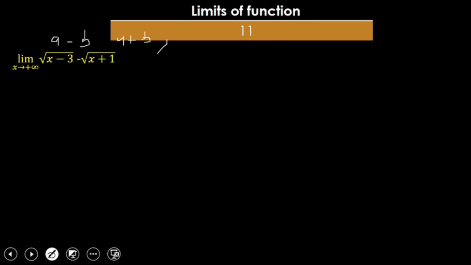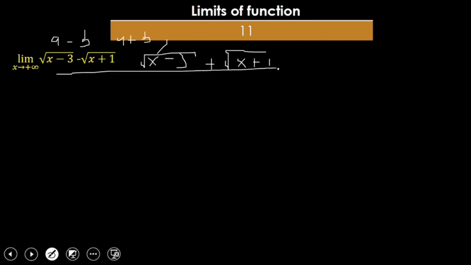You just have to multiply by the conjugate. That is the square root of x minus 3 minus the square root of x plus 1, all that all over the square root of x minus 3 plus the square root of x plus 1.